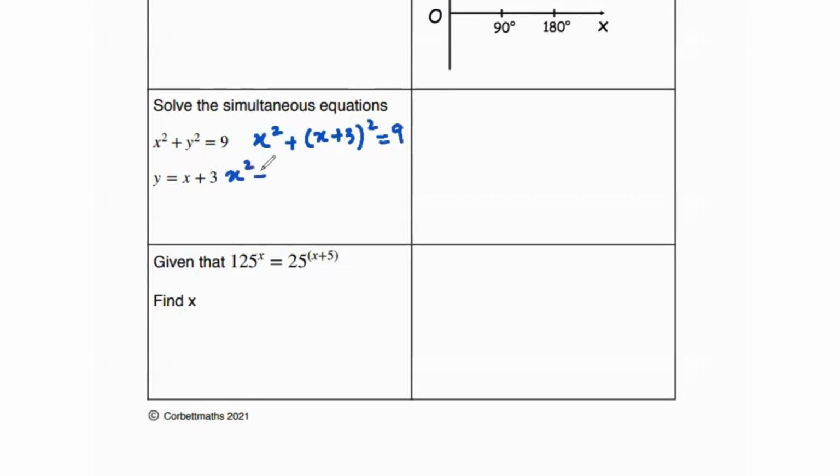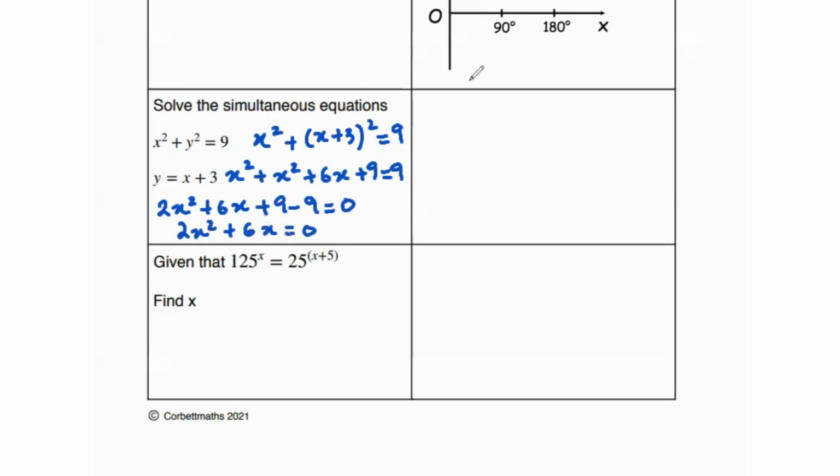Expand the bracket. That's going to be x squared plus 6x plus 9 equal to 9. Add the like terms: 2x squared plus 6x plus 9. And bring the other 9 to the left-hand side. So that's 2x squared plus 6x equals 0 now, because 9 minus 9 is 0.